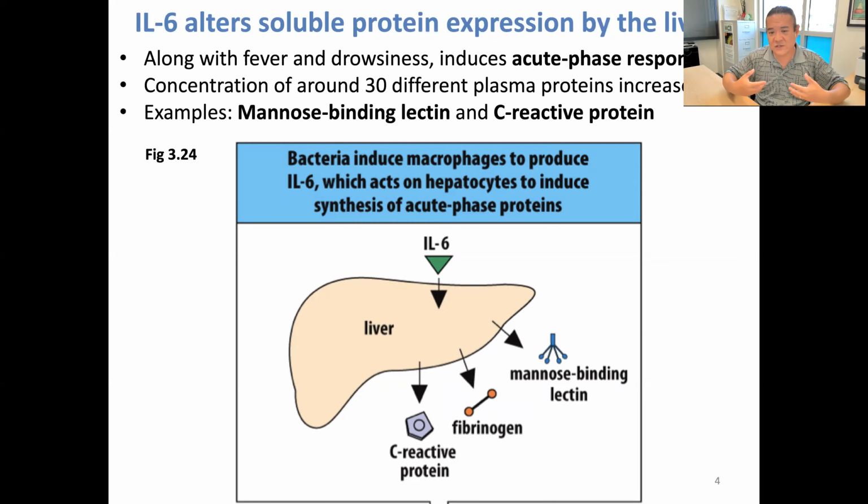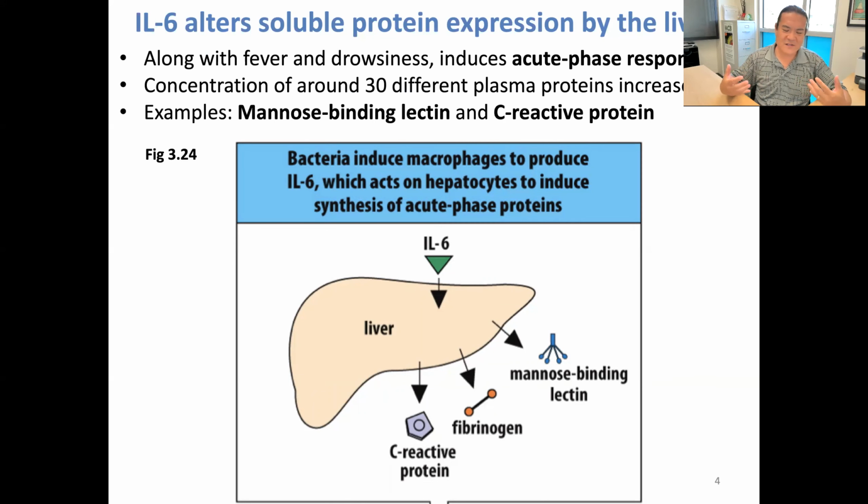The IL-6 reaches your liver and it signals your hepatocytes, or liver cells, to begin to turn on the expression of a whole family of different genes that up until now your liver cells weren't really caring about. So these are proteins that are soluble and then are released by your liver into your blood.